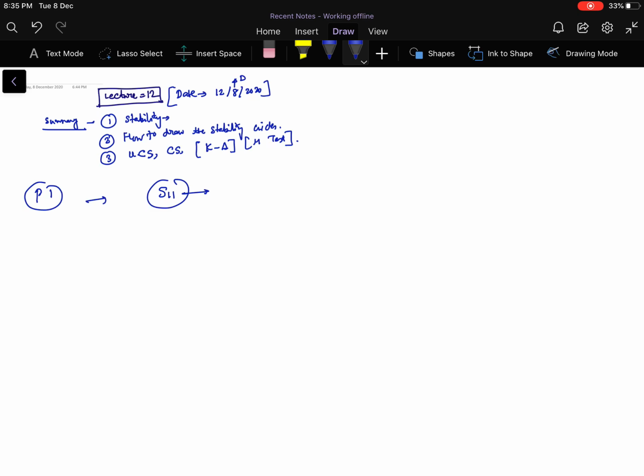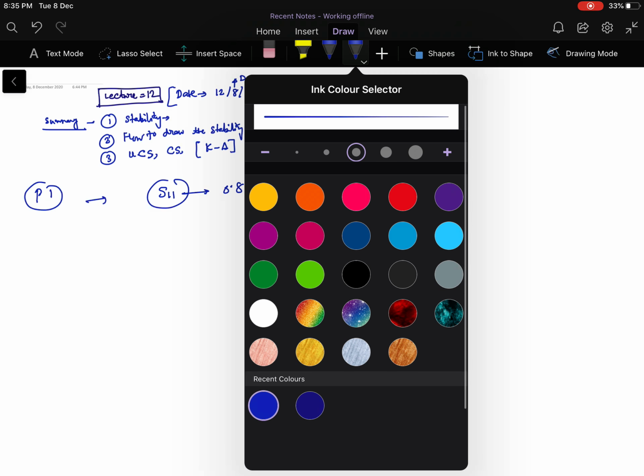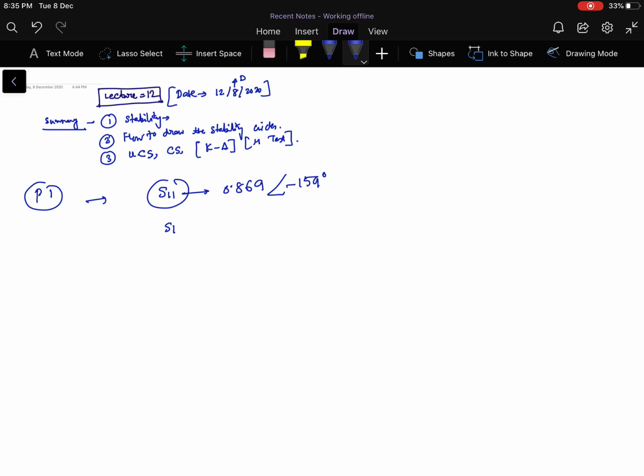Suppose we have been given a transistor whose S11 value is 0.869 angle minus 159 degrees. Then S12 is 0.031 angle minus 9 degrees.